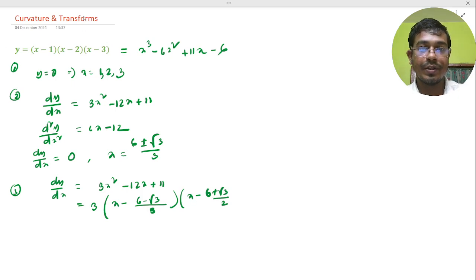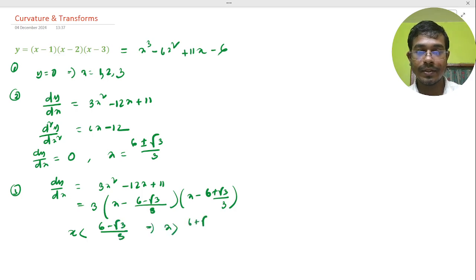Basically this one would be 3, and we get two points, x less than 6 minus root 3 by 3 and x greater than 6 plus root 3 by 3. After numerical value this quantity becomes 1.42 and that one becomes 2.58. Now draw this graph.